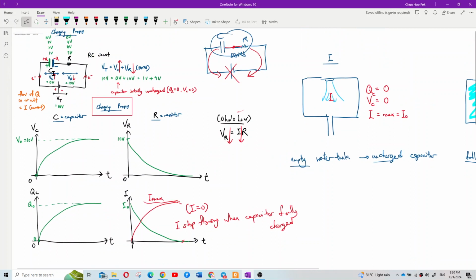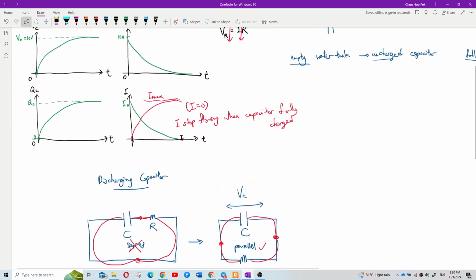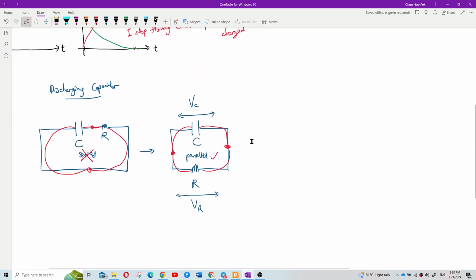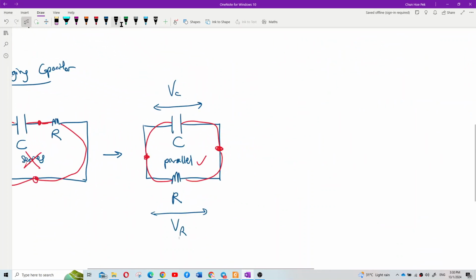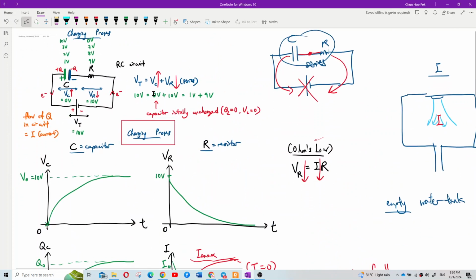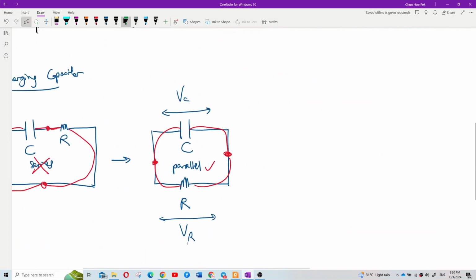Tadi tiada charge sampai maksimum kan? Dulu tiada charge, sekarang sudah ada charge, ya, charging capacitor. So sekarang capacitor ini already fully charged and now we want to discharge. Okay, so this is actually a fully charged capacitor. So this is positive, and this one is negative charge.